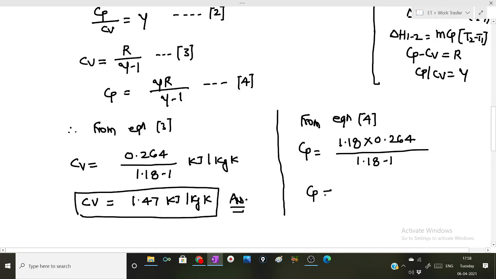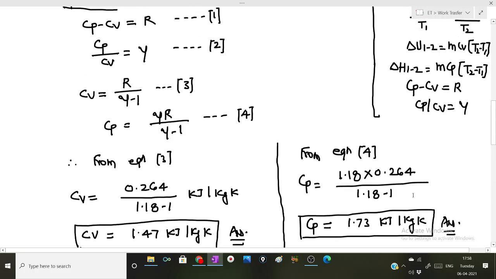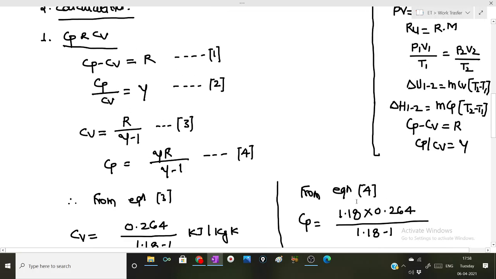So from here the value of Cp comes out 1.73 kilojoule per kg Kelvin. This is answer number 2 of the first part. So this way we could calculate the values of Cp and Cv, that is the first part.